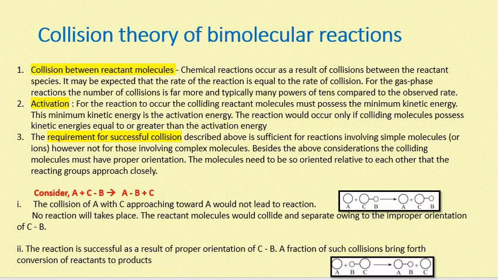For example, I have two reactants A and BC, and the products formed will be AB and C isolated. Here in this reaction, the bond between C and B needs to be broken by the collision, and a new bond has to form between A and B.